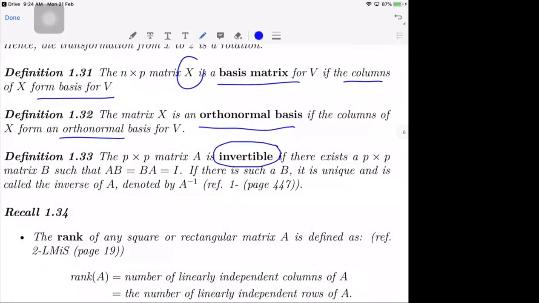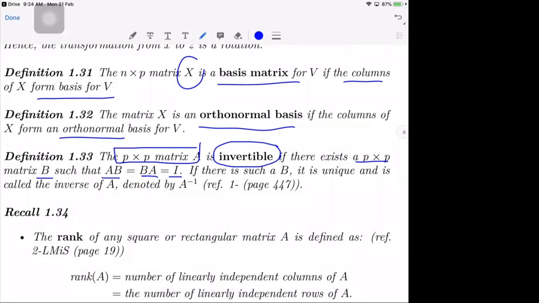Then another term which I always emphasize that you should be familiar with is an invertible matrix. A is invertible if it is a square matrix, and if there exists another square matrix B such that when you multiply AB, that is just equal to BA, and that is equal to your identity matrix.